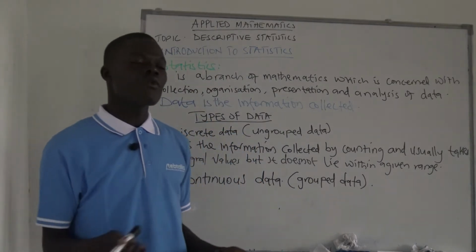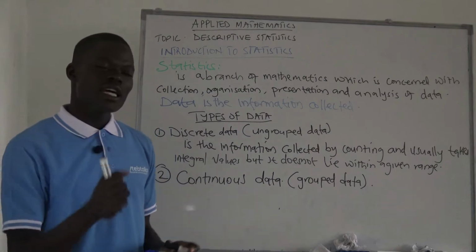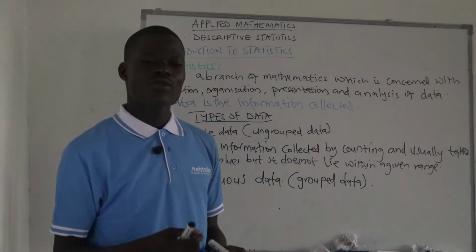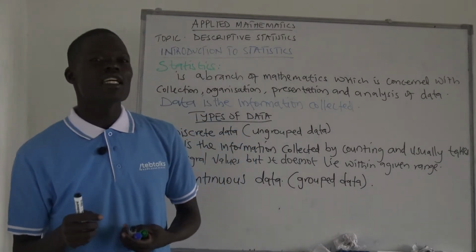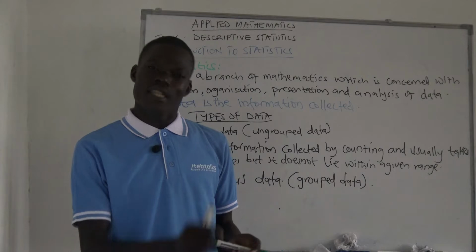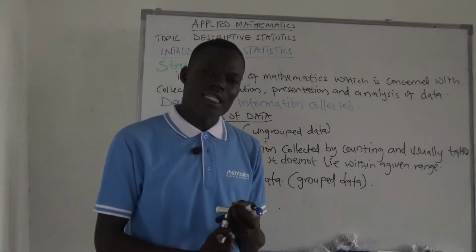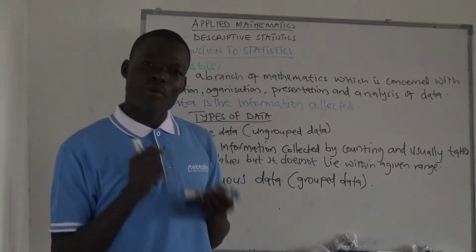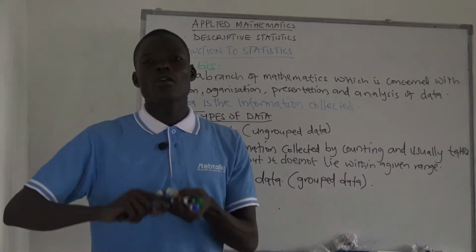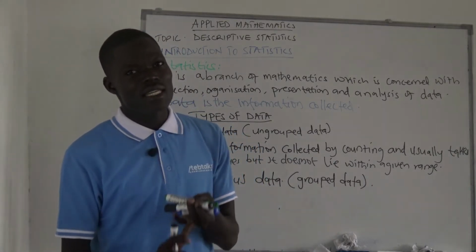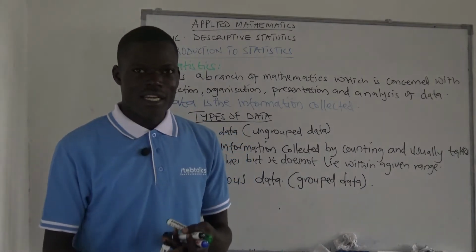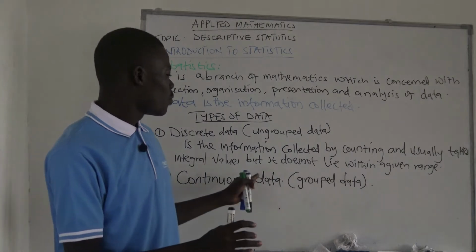Here, if you want, you may say, I need students with 16 to 18 years. As you are counting, you include students with 16, students with 17, and students with 18. That's the range which we are going to use.